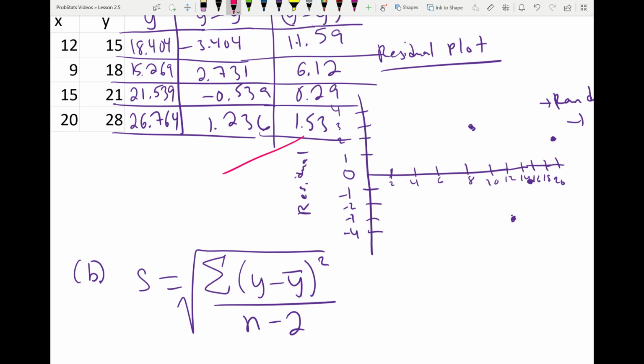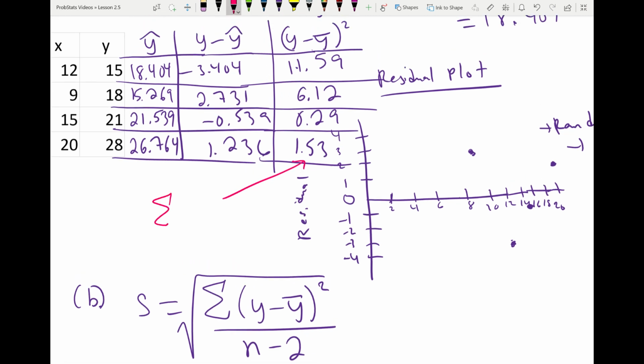So now we're going to do the sum of this column, because that will give us our numerator here. So the sum of that column, we need to add those numbers up.